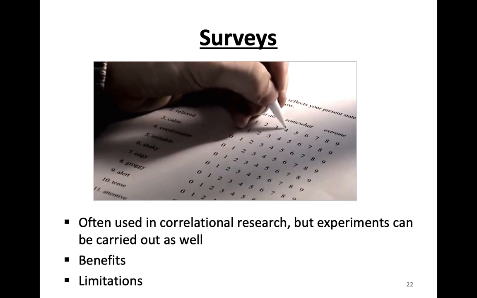People alter their true responses when they know they're being measured. People also answer in socially desirable ways. Okay, so people present themselves either in a positive or socially acceptable way. Especially sensitive questions that might have to do with drug use or sexual partners, people might respond in a socially desirable way.